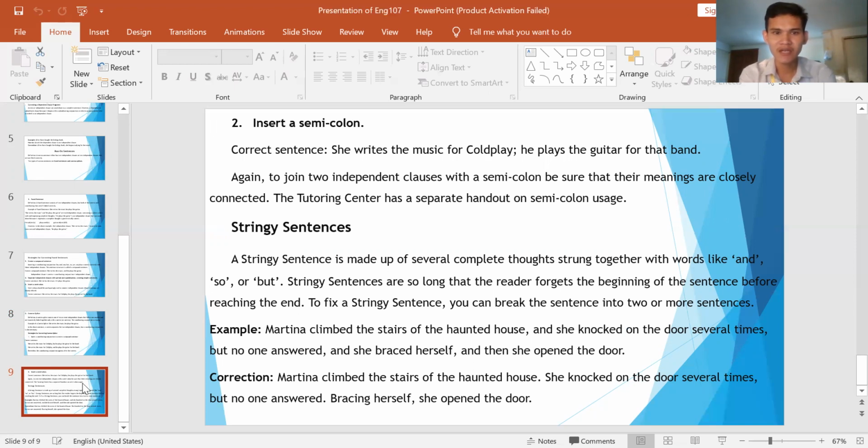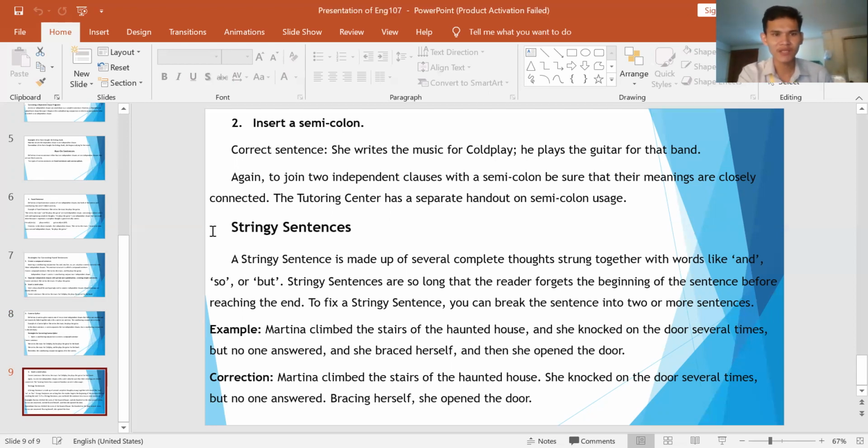The tutoring center has a separate handout on semicolon usage. So if the meanings are quite far apart, we don't need to add a semicolon. But if the two sentences are closely related in meaning, we need to use a semicolon.